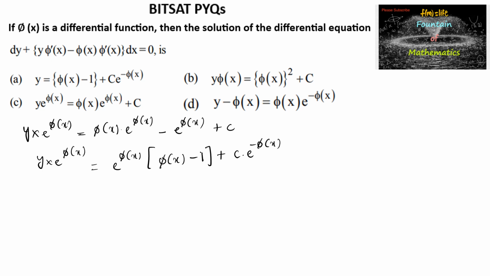So we may cancel here e power pi of x. So we can write y is equal to pi of x minus 1 plus c into e to the power of minus pi of x, which is our option A. So option A is the answer.